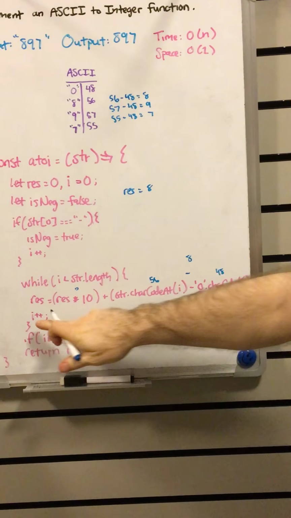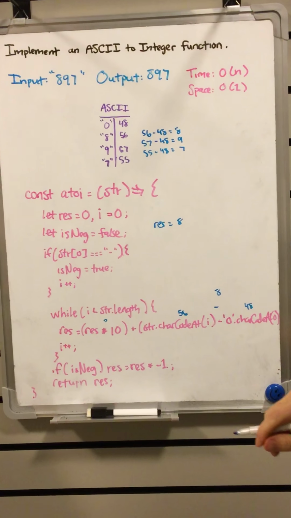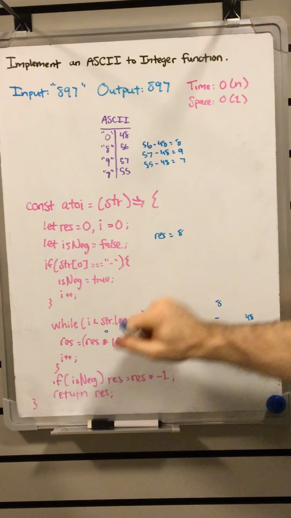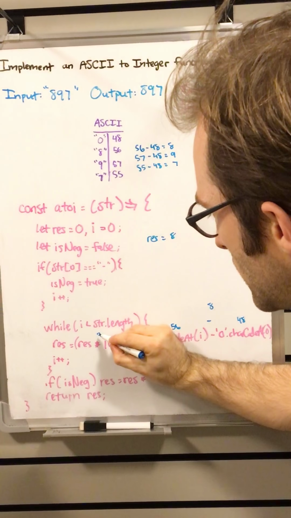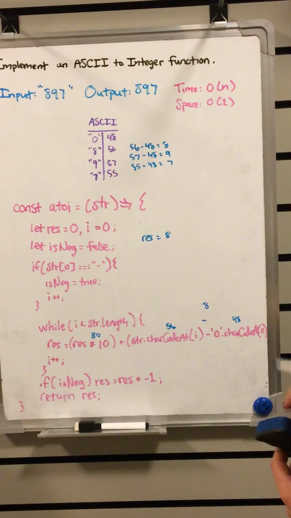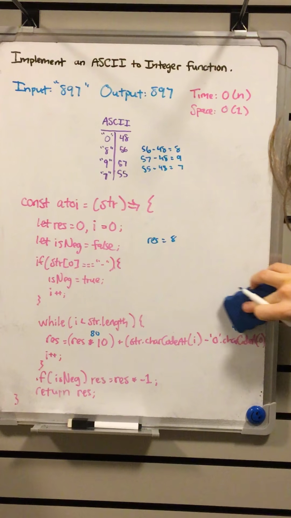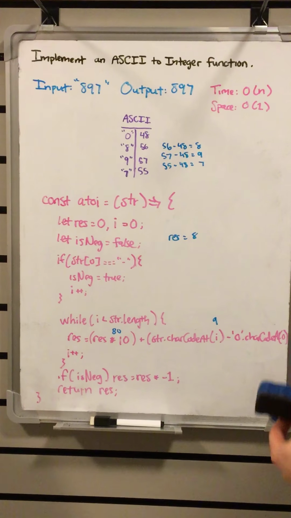We increment our i and go to the next character, which is 9. We say, okay, res, which was 8 before, 8 times 10, gives us 80. 80 plus the difference of these two characters, which is 9, gives us 89.